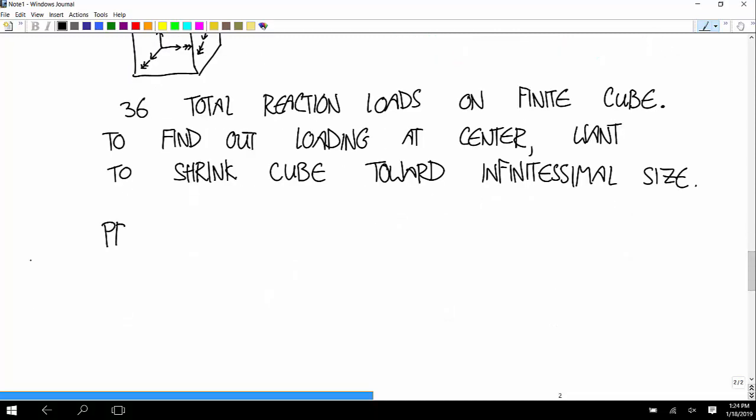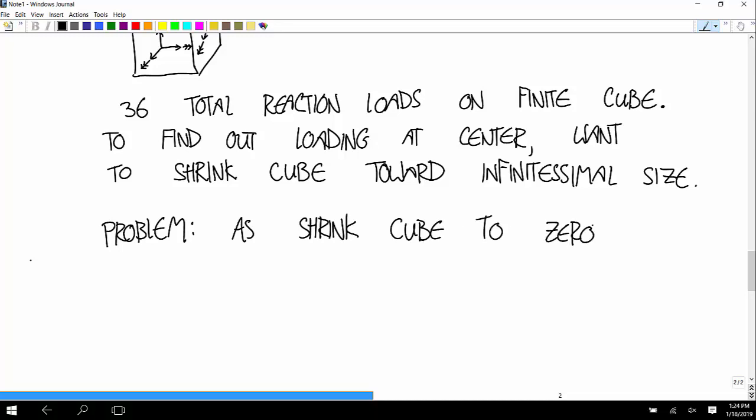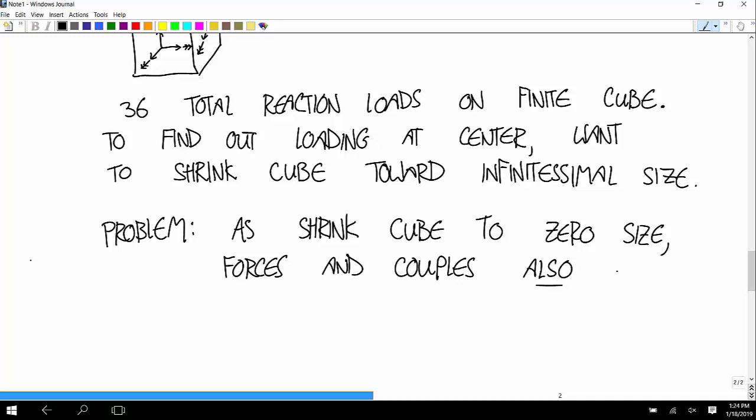So the problem is, as you shrink the cube to 0 size, the forces and couples also shrink toward 0.